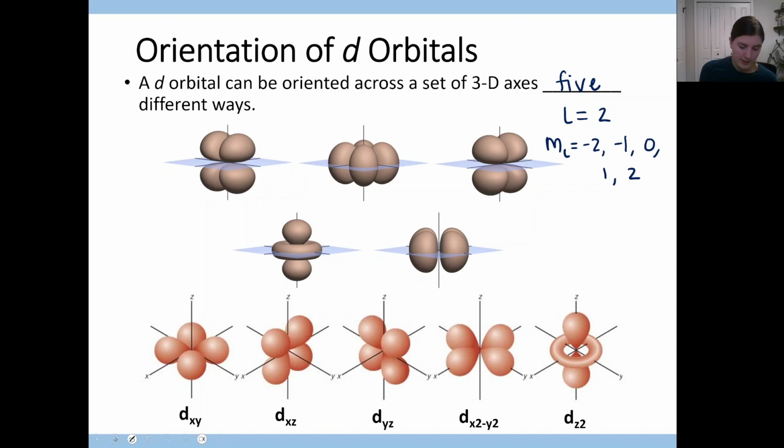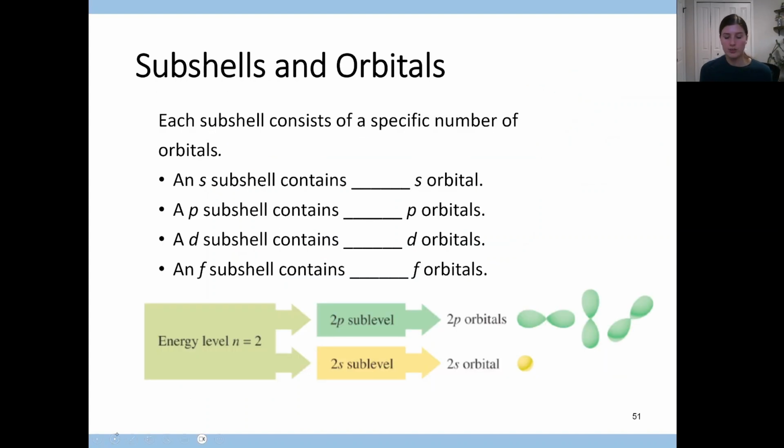To summarize, each subshell contains a specific number of orbitals. So an s subshell contains 1 s orbital. So anytime you're talking about an s orbital, there's only 1 that's present there. A p subshell contains 3 p orbitals.